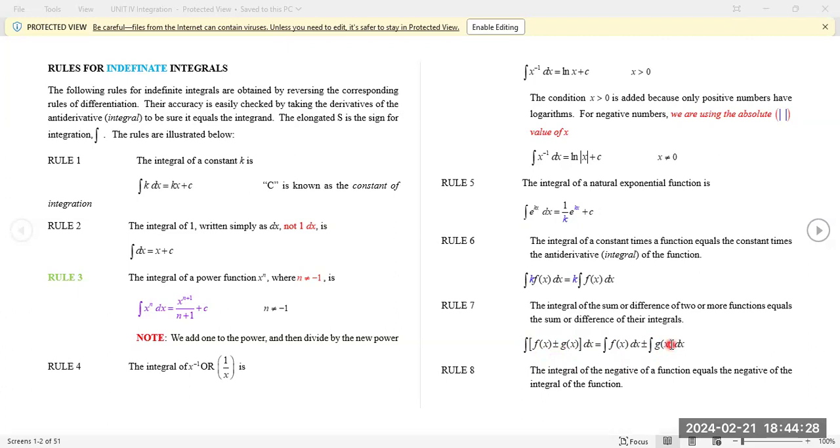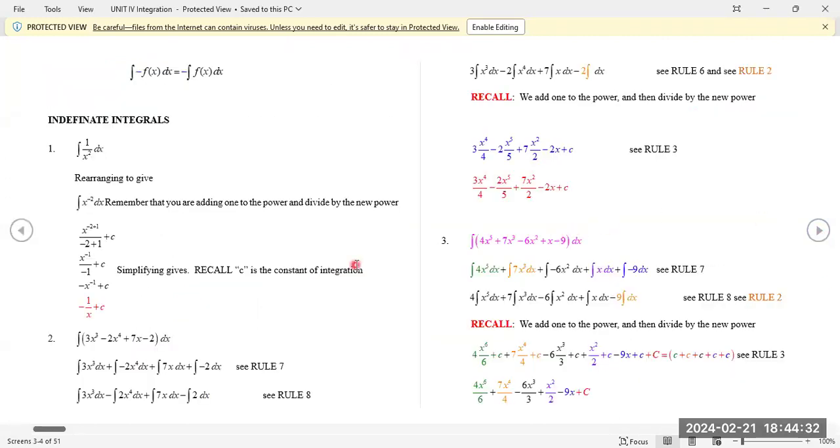All right? So let me use the last 15 minutes of the class to work through some questions with you. When we're integrating this indefinite function, the integral of 1 over x squared, for this level, I want you to do as many conversions as you possibly can.